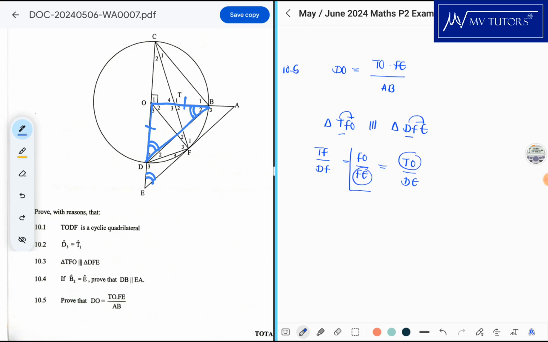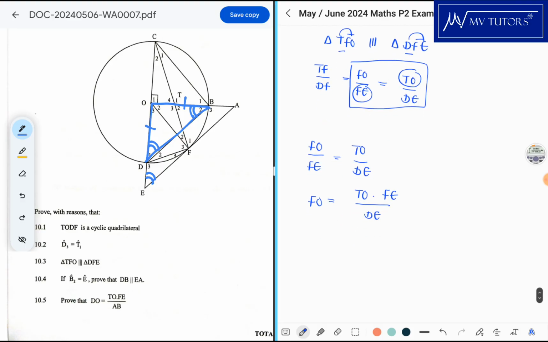So this is the chunk that I'll be using. I will say FO over FE is equal to TO over DE. So FO is TO times FE over DE. So I already have TO, I have FE.